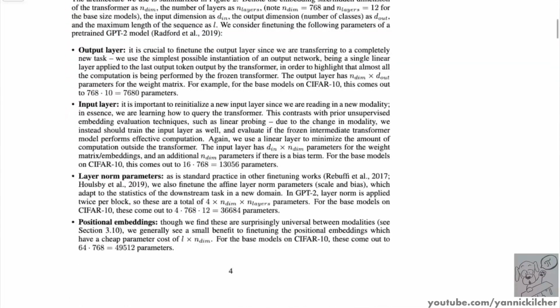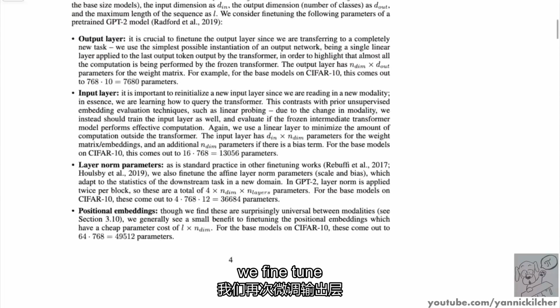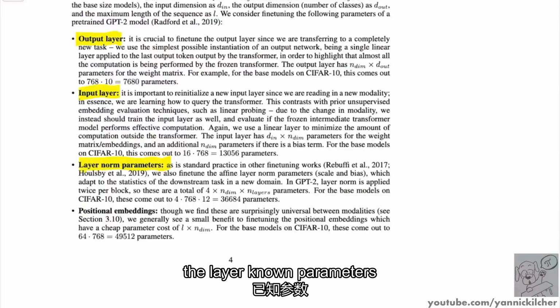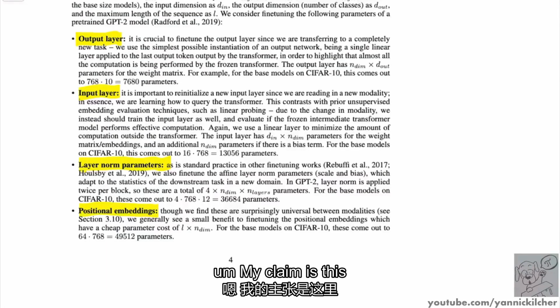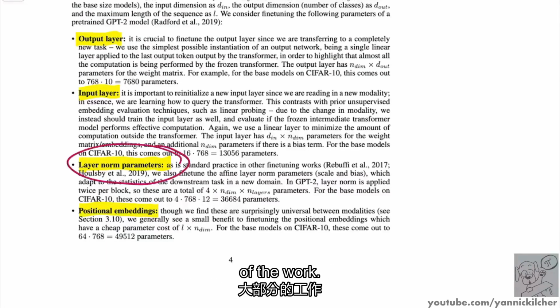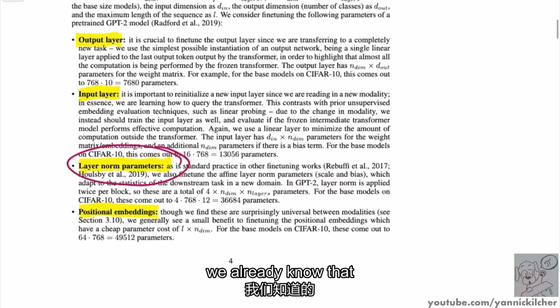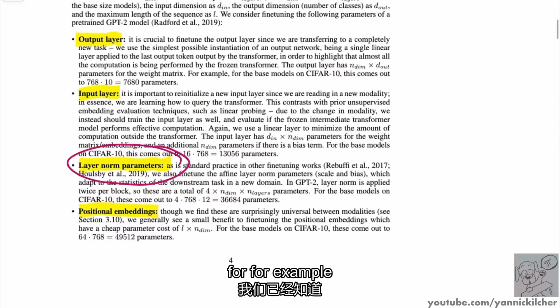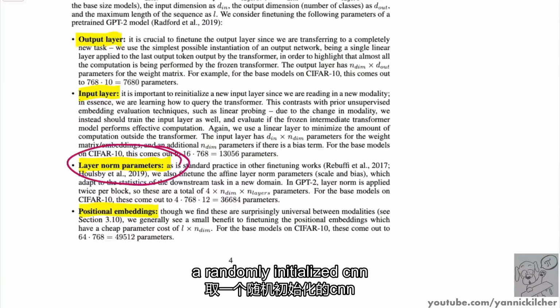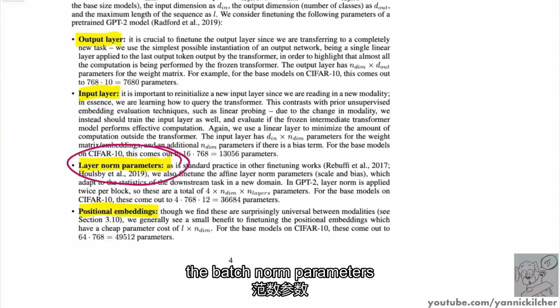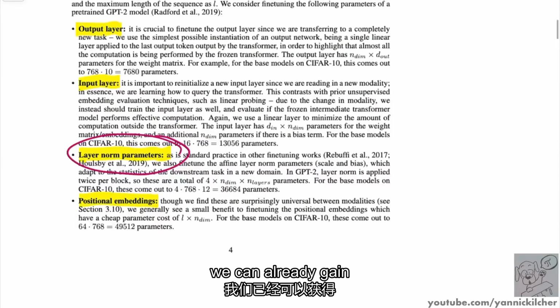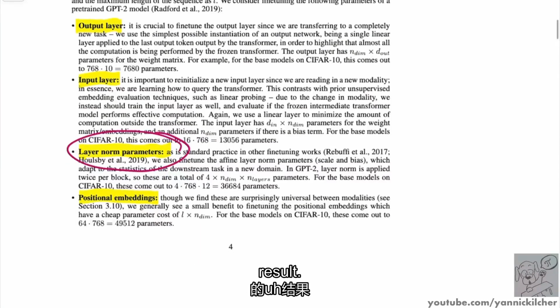Okay, so again, we fine-tune the output layer, the input layer, the layer norm parameters, and the positional embeddings. My claim is that this here does most of the work. We already know that for CNNs, we can take a randomly initialized CNN, and by just adjusting the batch norm parameters, we can already gain a non-trivial result.